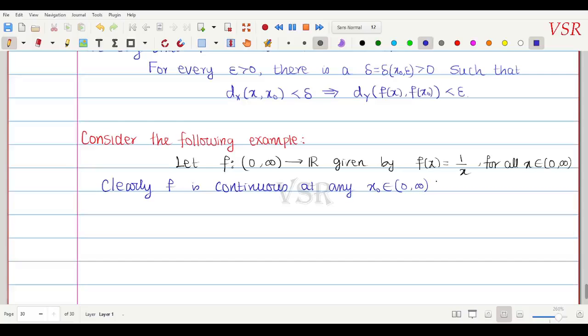We can go for every epsilon positive and choose a delta positive, but it is easy to see in this case.